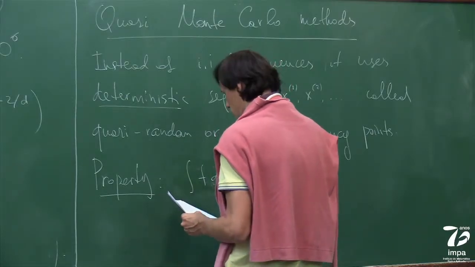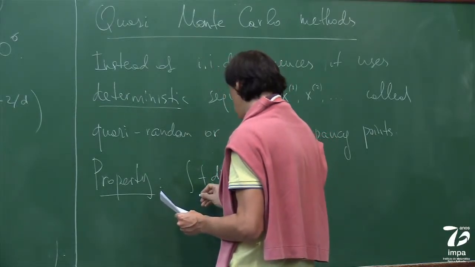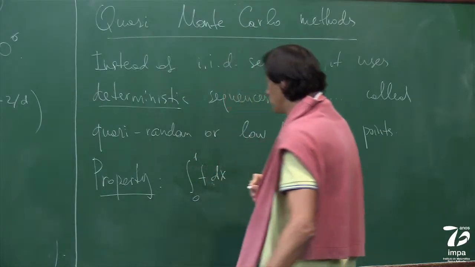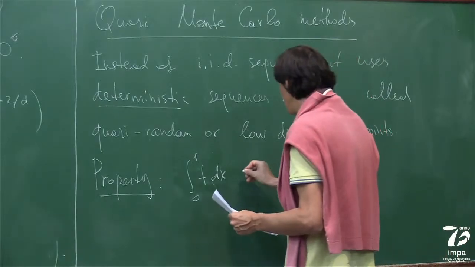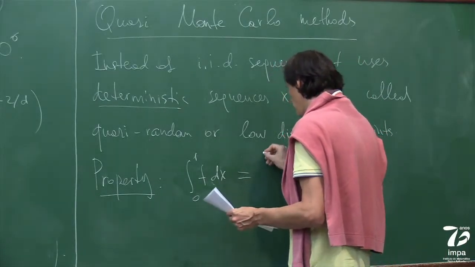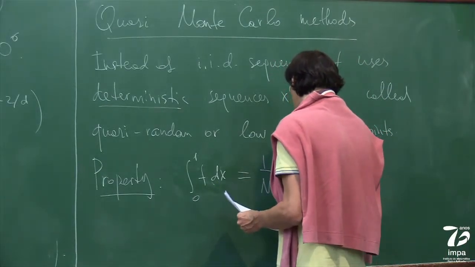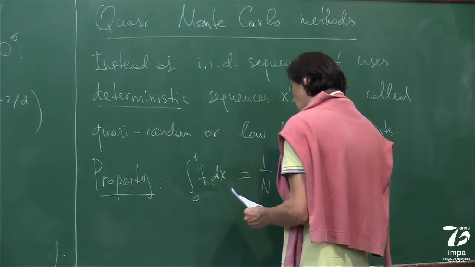Okay, let's make it in the interval from 0 to 1, just on a line. So we approximate it with a mean. So let's start with one dimension.